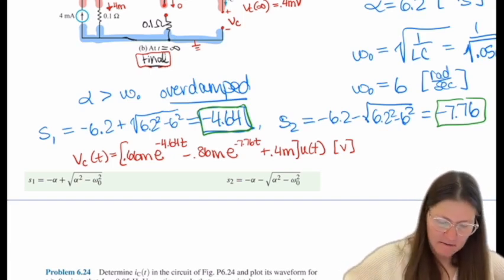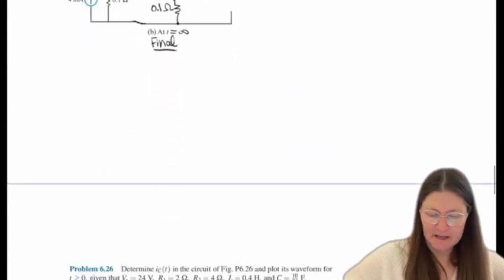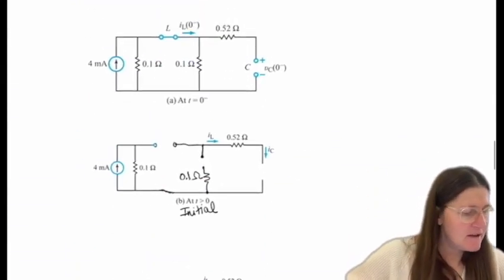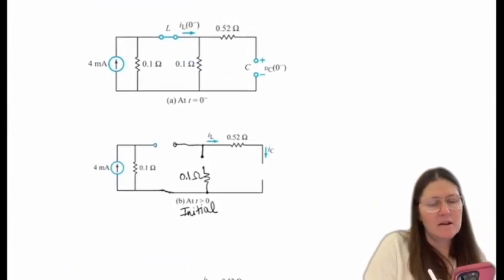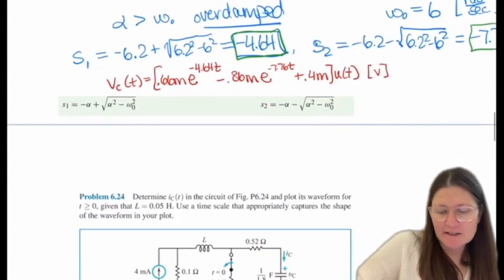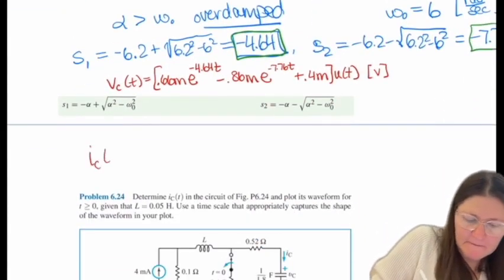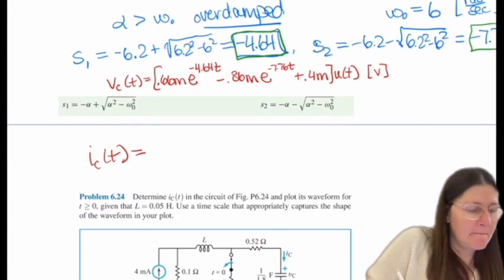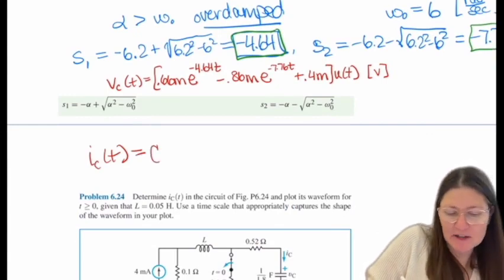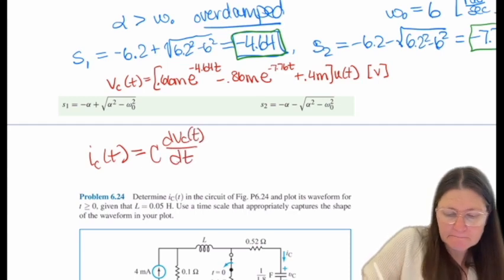And then, oh, I have another one, sorry. How do we find IC of T from this? Yes, we need to take the derivative. So dVC of T over dt.